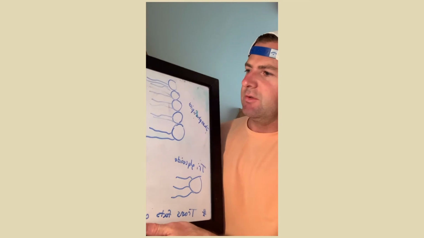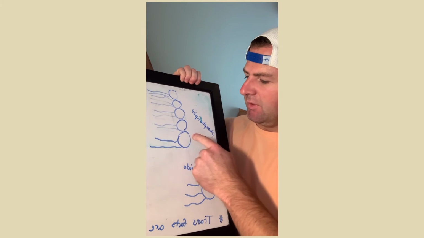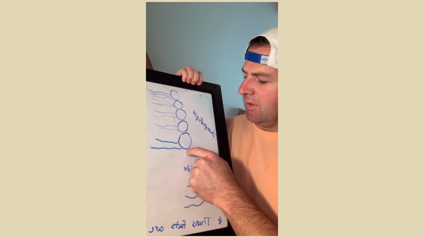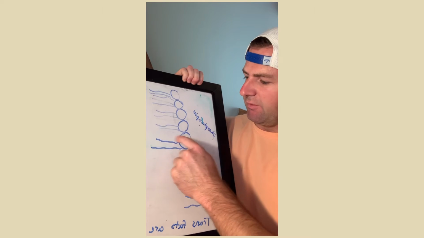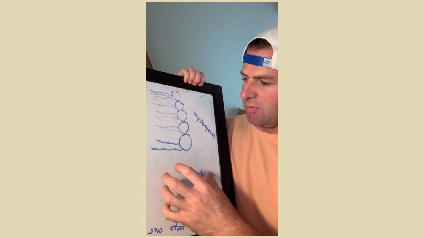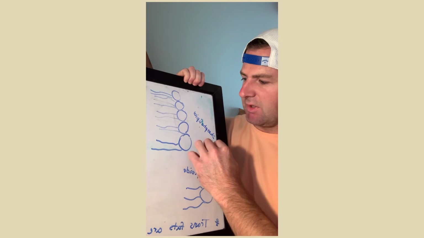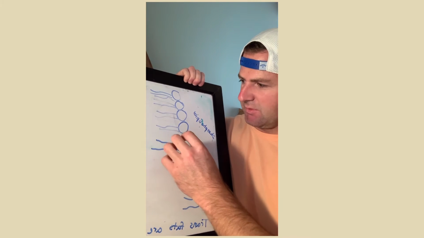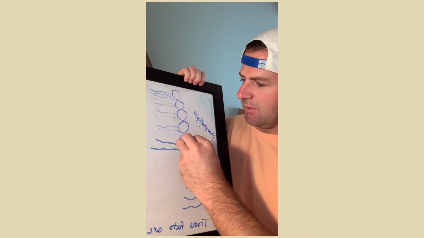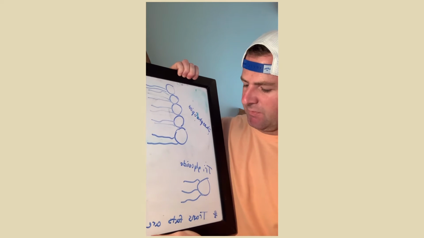And so what we have here is I have a little diagram of the phospholipid. So a phospholipid is basically a glycerol head with fatty acid tails, and they make up the structure of the cell membrane to kind of protect all the things that are happening inside the cell membrane.